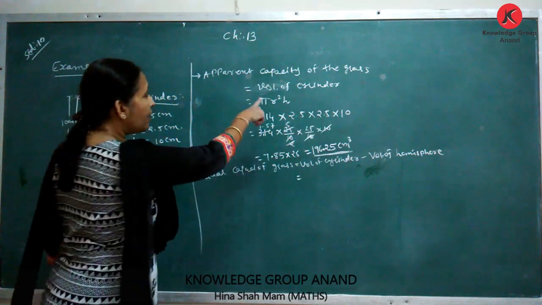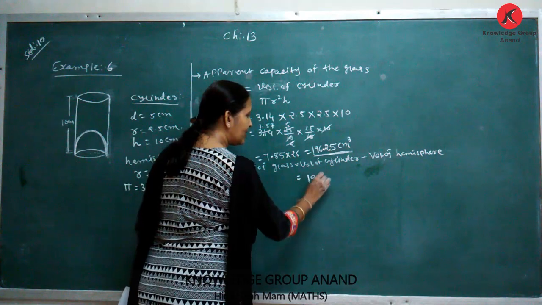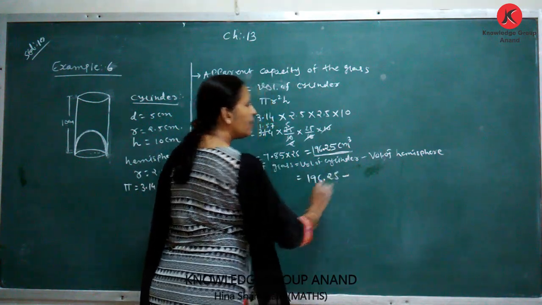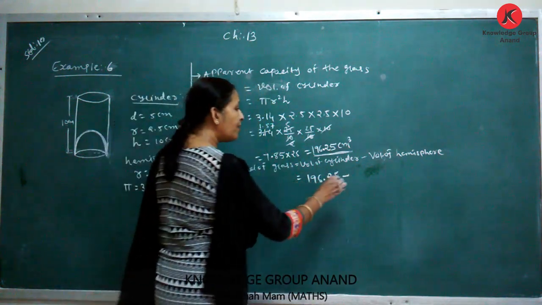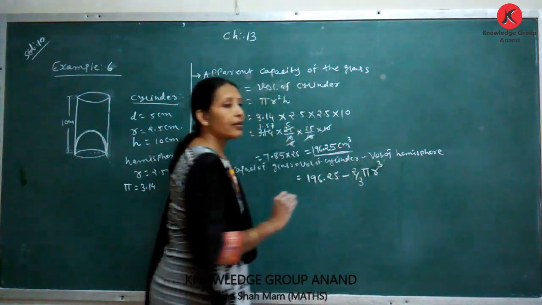Volume of cylinder, we find it. Then we put here its value 196.25 minus volume of hemisphere, 2 by 3 pi r cube.